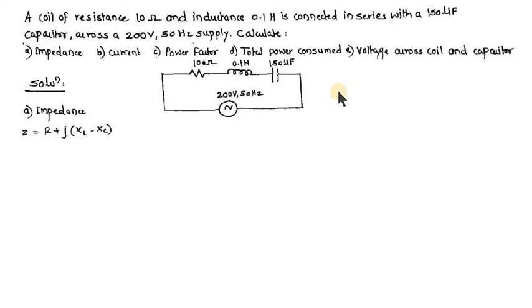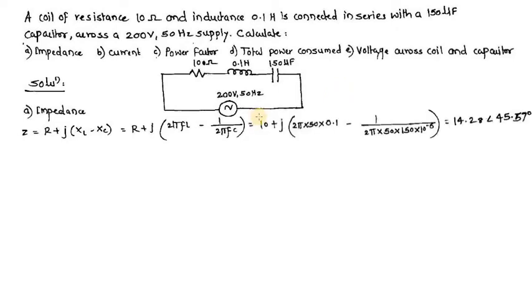So total opposition or impedance will be R plus j(XL minus XC), where we can substitute the values: R is equal to 10, instead of XL I can write 2 pi FL, instead of XC I can write 1 by 2 pi FC, with L as 0.1 Henry, C as 150 microfarad, and frequency 50 Hz.